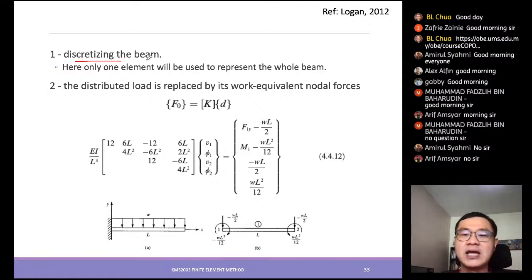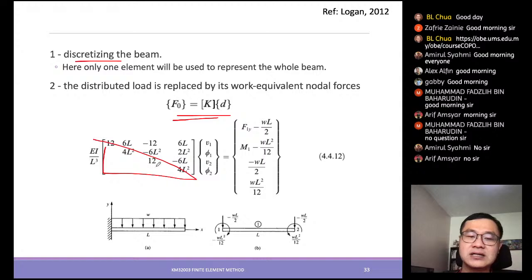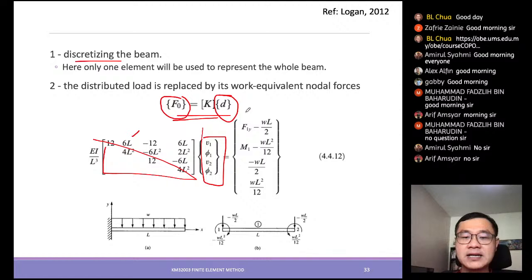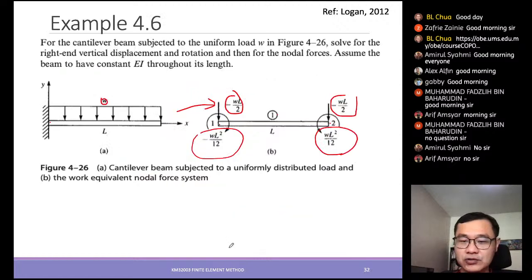Since this is one element, we just use the one element to solve it. Remember, we say this is a symmetric stiffness matrix for the beam, so we just use this and multiply. Then on the displacement side, this is the displacement. On the load side, here is the load, which is what you have seen here, right?